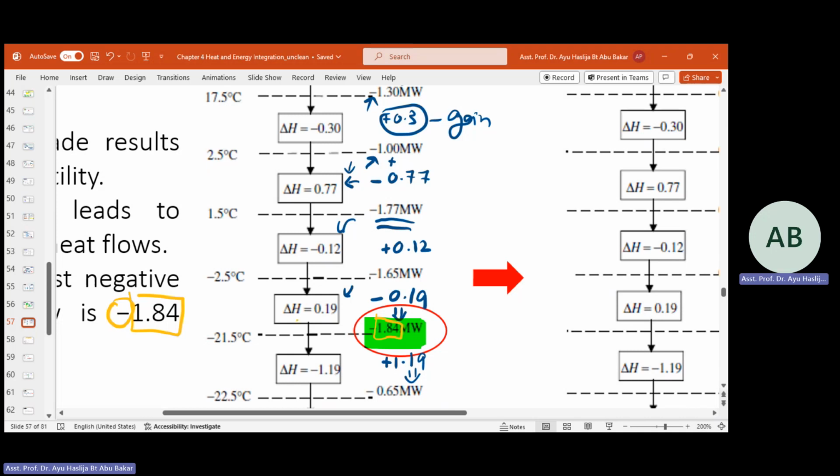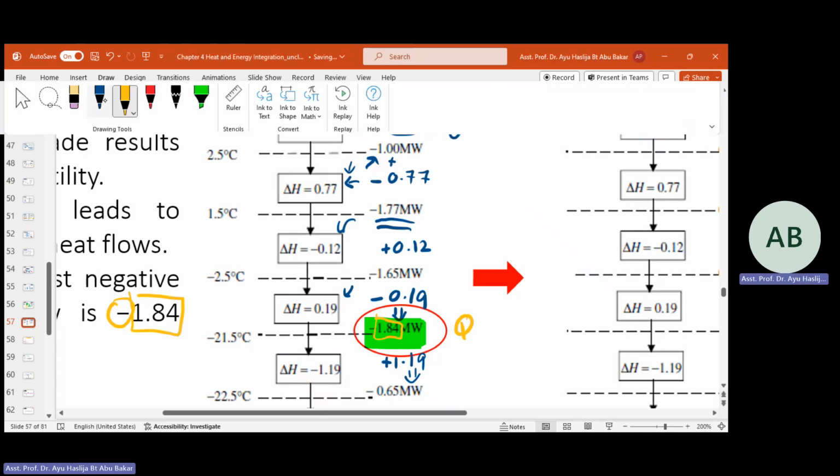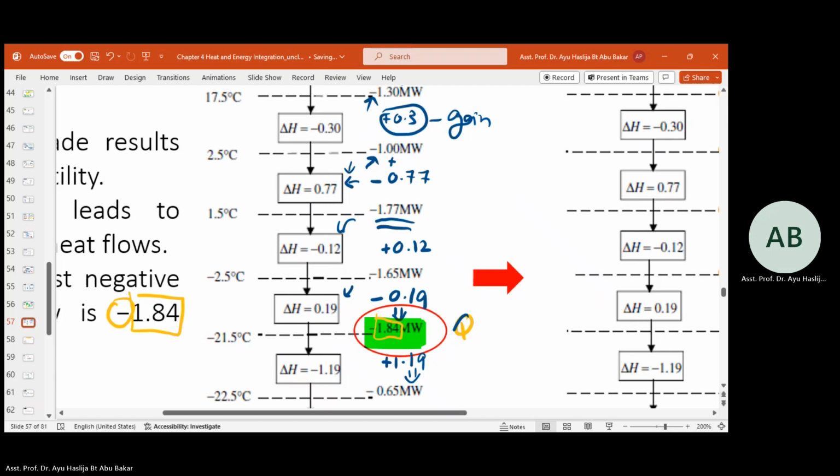So negative 1.84 is the QH min. This is the QH min. So the first cascade is to identify your QH min.